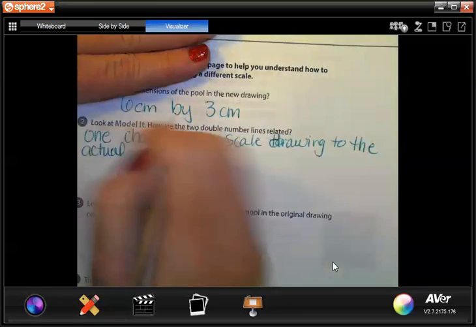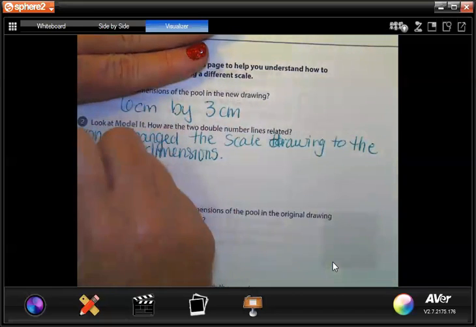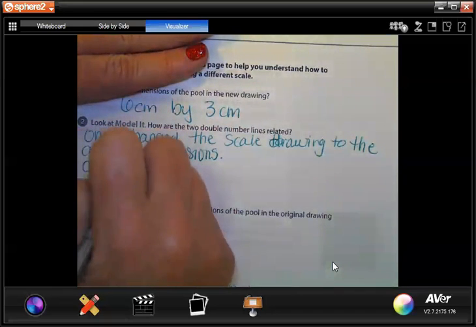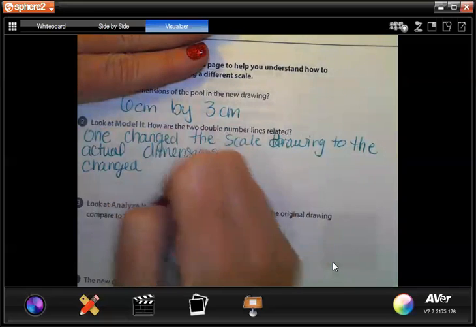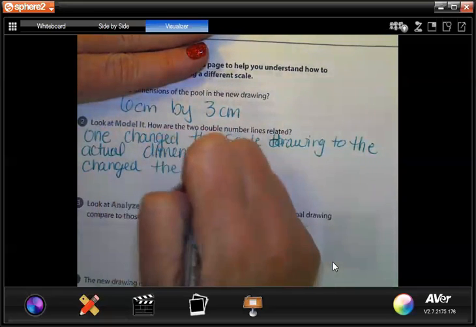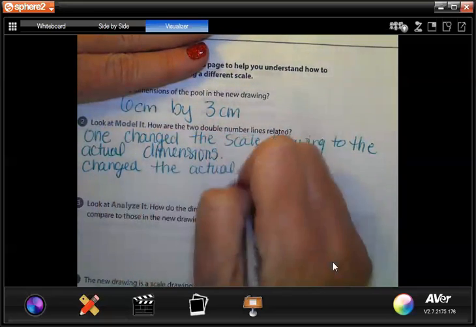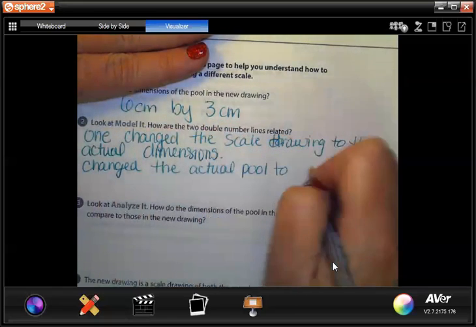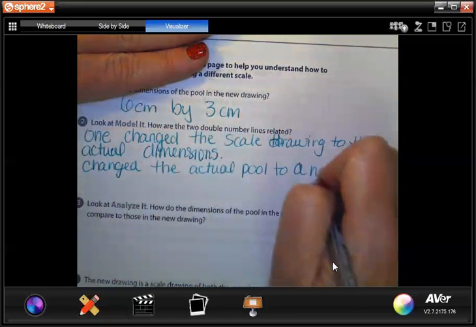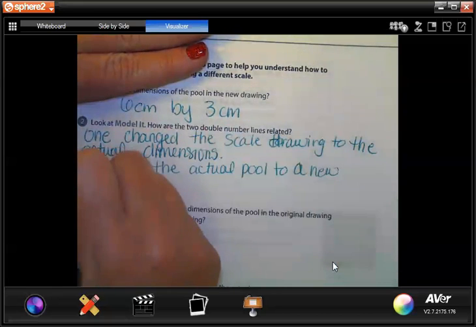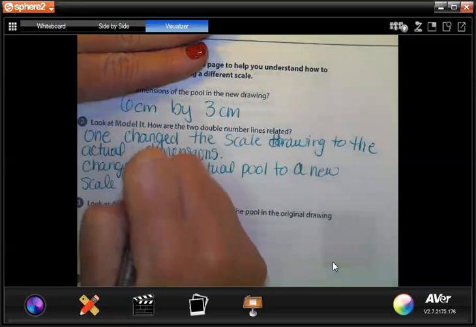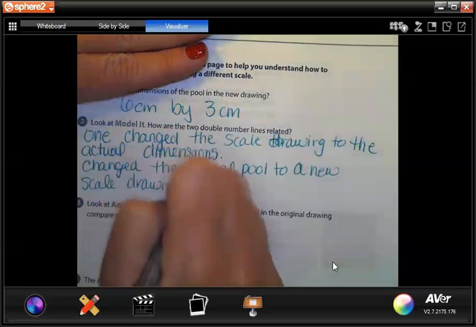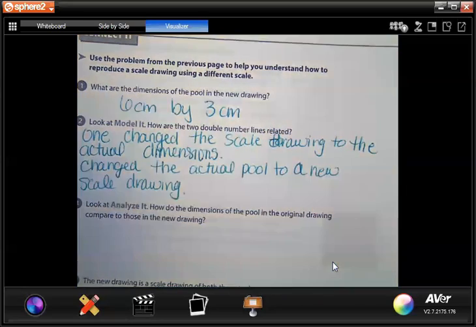And the other one changed the actual pool to a new scale drawing. So basically, it helped us just do some conversions.